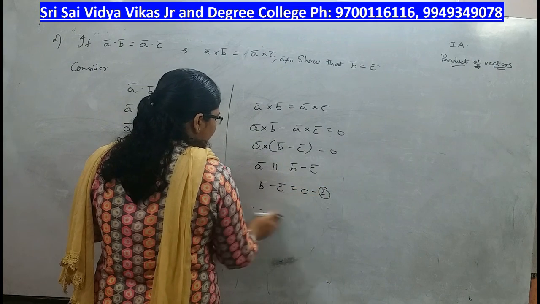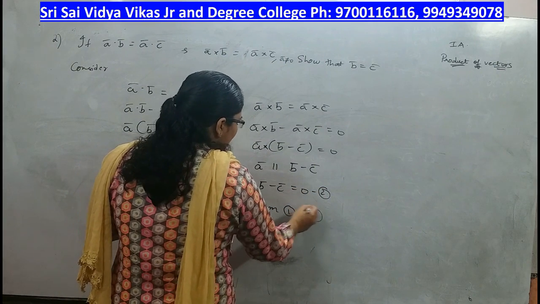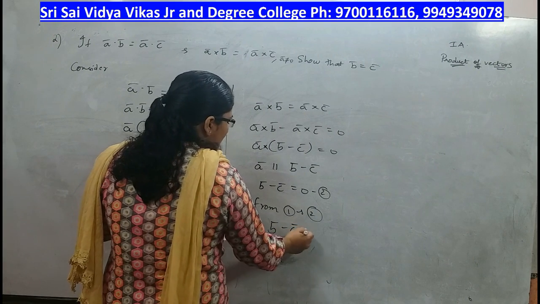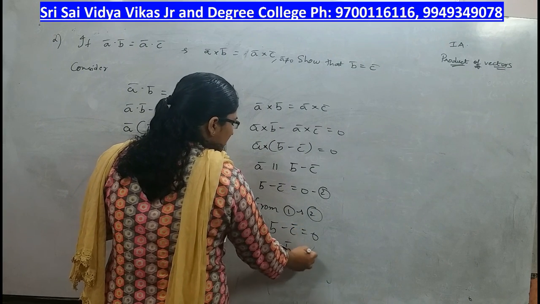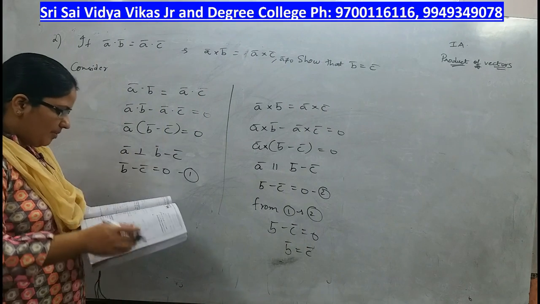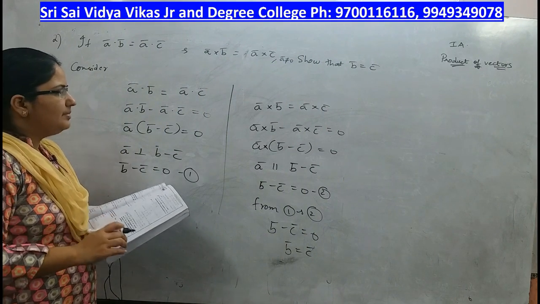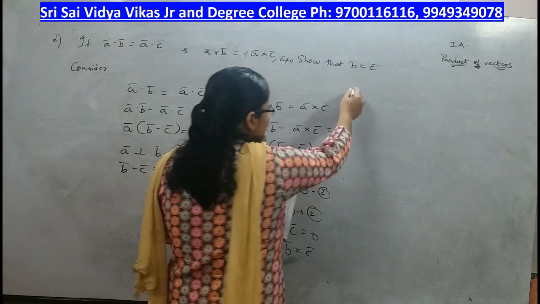Call this as 2. From 1 and 2, b bar minus c bar is equal to 0. B bar is equal to c bar. That's about this problem. Next problem.